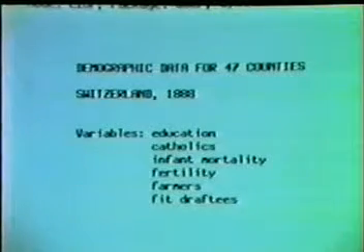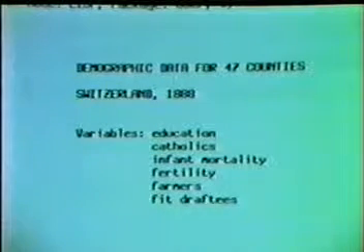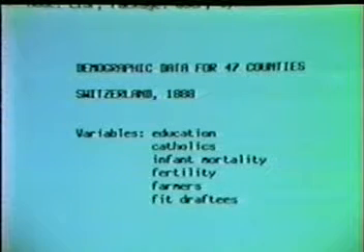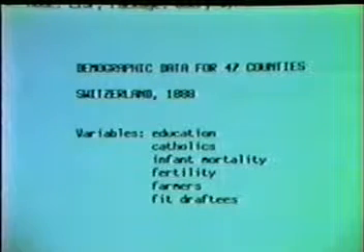I will illustrate some of the capabilities of plot windows by looking at a few data sets. The first data set was collected by Francine van der Walle of Princeton University to study the demographic transition occurring when Switzerland changed from a medieval agricultural society to a modern industrial society.